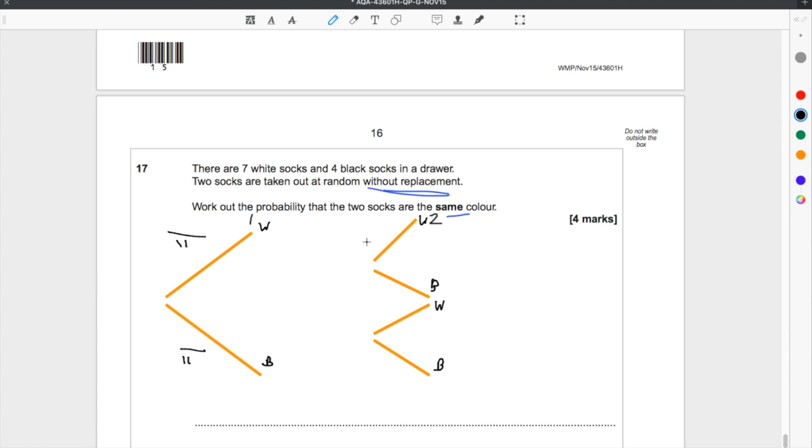On our second go, 2 socks are taken out without replacement. So after the first sock has been taken, there are 10 left.